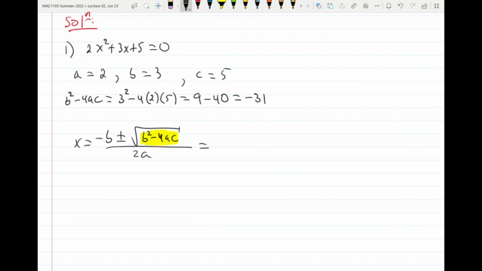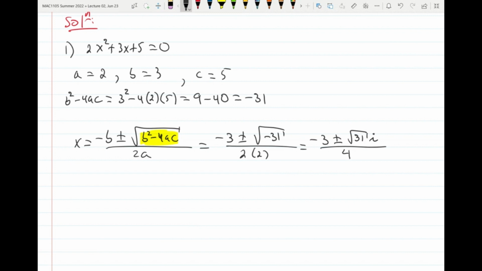And now we plug in. So negative b, so it will be negative 3 plus or minus the square root of negative 31, over 2 times 2. Okay? And now simplify. In this case, there's really not much to do. This square root of negative 31 is really the square root of 31 times i, and all of these over 4. And when complex numbers show up, you need to write it in standard form.